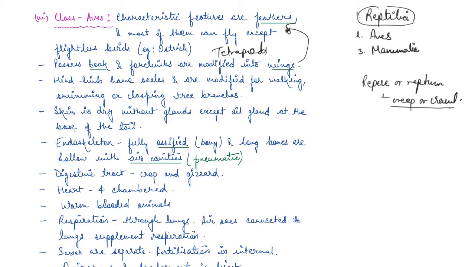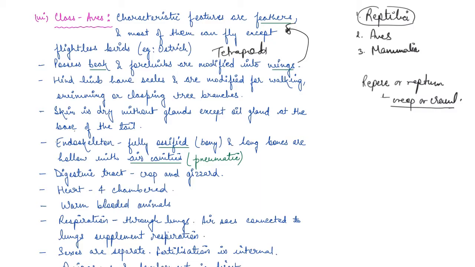Now the endoskeleton is fully ossified. So they have bones, but they have long bones which are hollow. Okay, and they have air cavities inside the bone, which is known as pneumatic. So they have hollow bones, which makes them again lighter in weight.